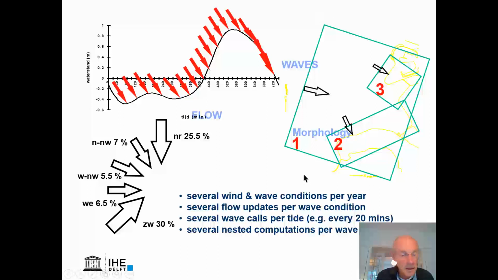So in the end, you end up with thousands of wave simulations per year. And since SWAN is computationally, well, it's efficient, but it's still expensive, we need to reduce the number of wave conditions as far as we can.